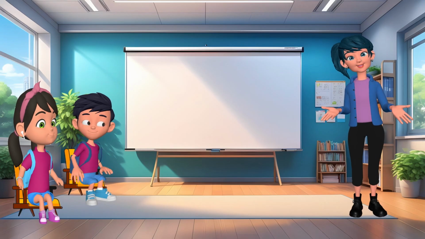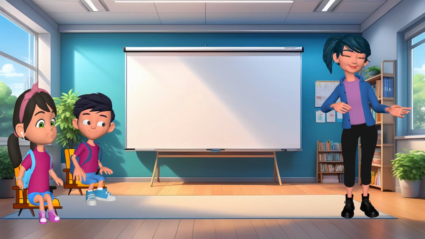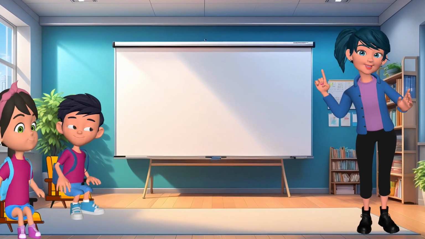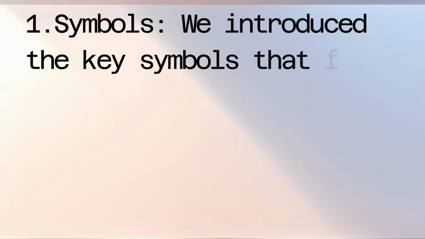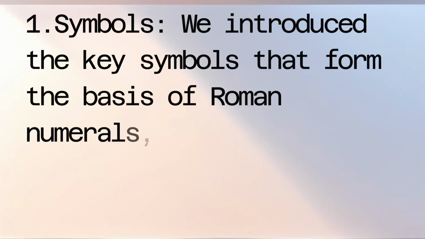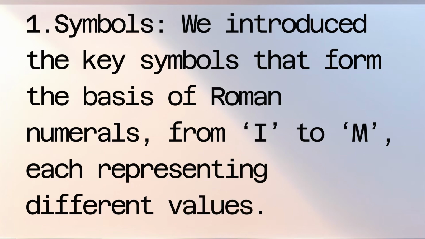You are absolutely correct. As we wrap up today's lesson, let's quickly recap what we've learned. 1. Symbols. We introduced the key symbols that form the basis of Roman numerals, from I to M, each representing different values. 2. Formation rules.